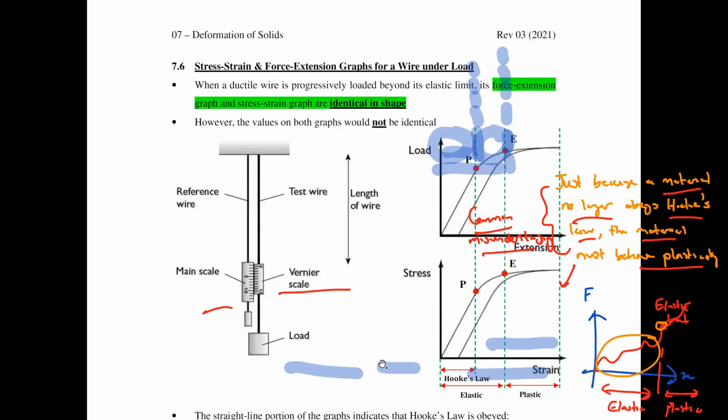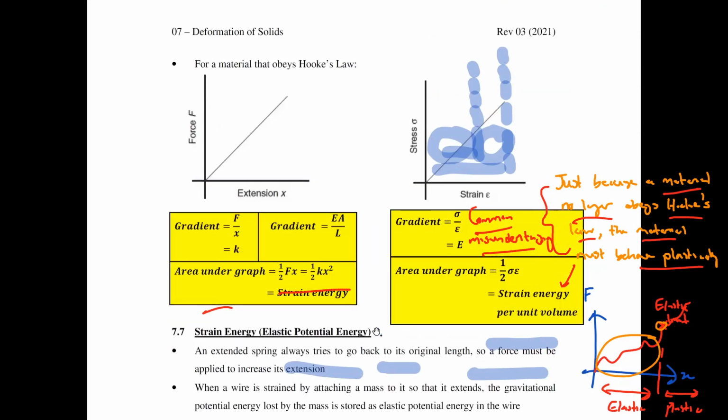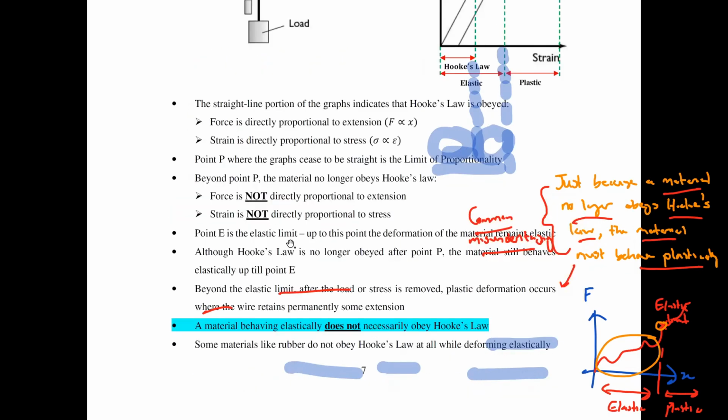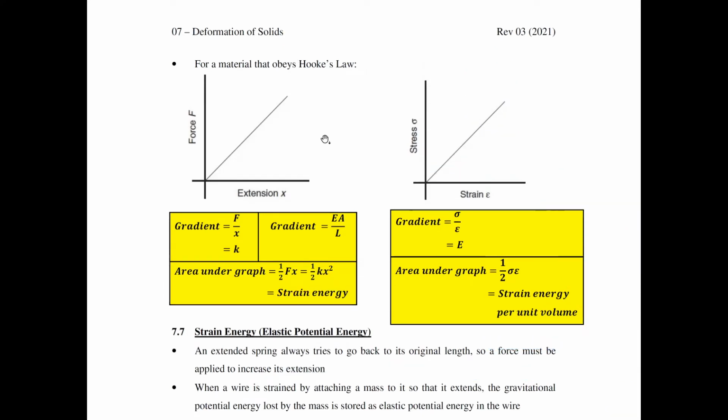All right, then for the same force extension graph, there's just something else that I need to tell you. Okay, for the same force extension graph, if I talk to you about the part where it still obeys Hooke's law, all right, there are a few things you can often see from the graph. The gradient is actually force over extension. It is equal to the spring constant.